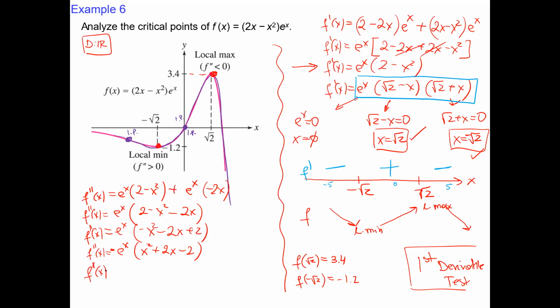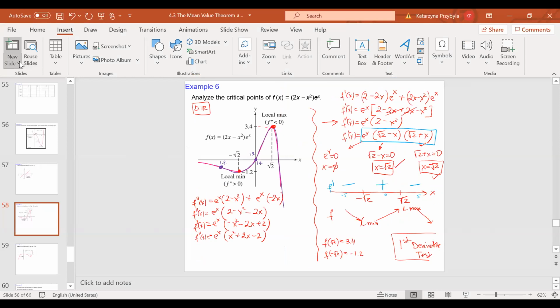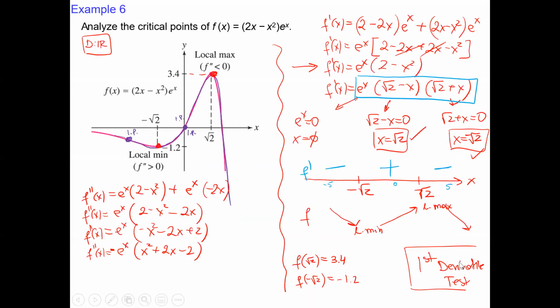Now, I don't know if we can easily factor it into x and x, because this would be 2 and 1. No, we can't really factor nicely, because of the negative 2, we have to use the quadratic formula. And since we started, let's try, because I'm just interested that we do have x squared plus 2x minus 2, negative.